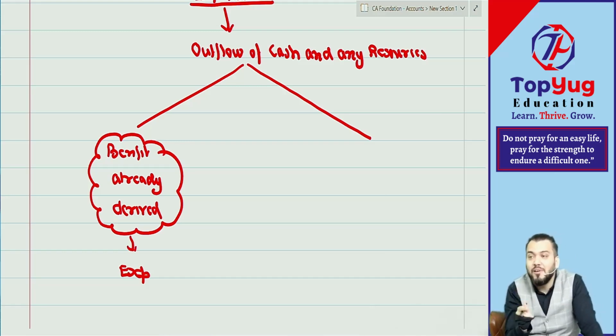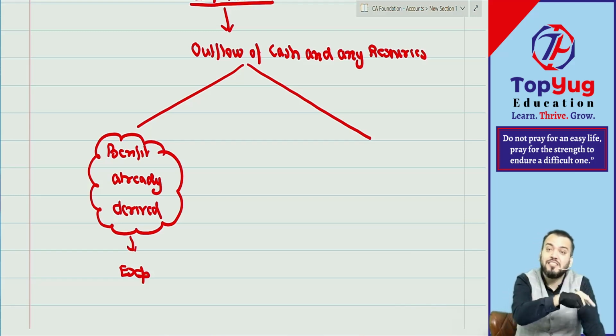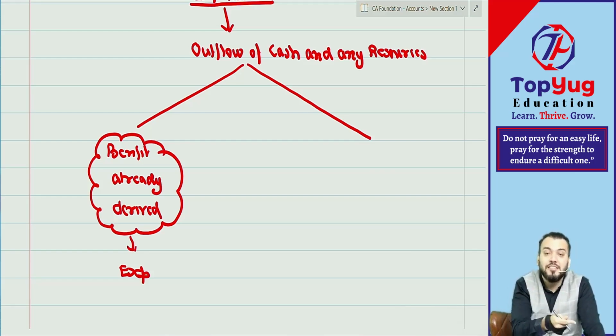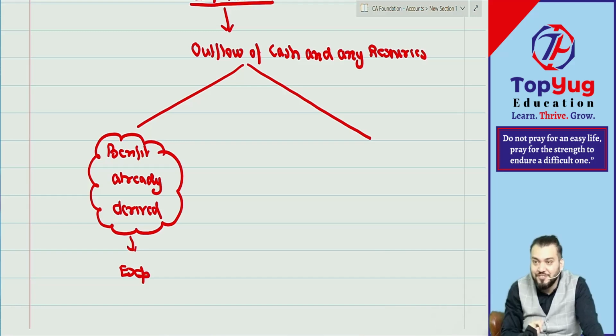So this becomes an expense, because the services are already received and I have enjoyed the benefit. We call it salary expense.